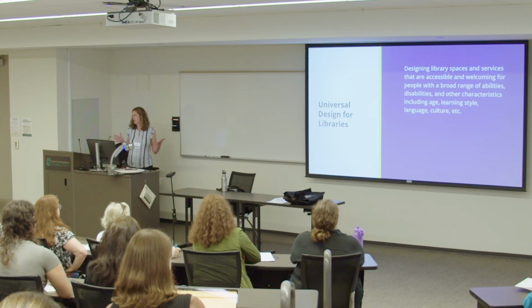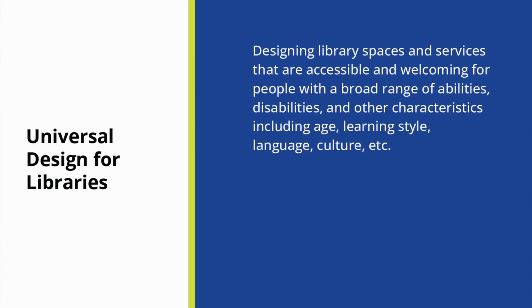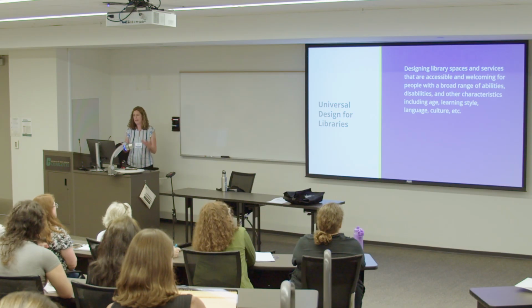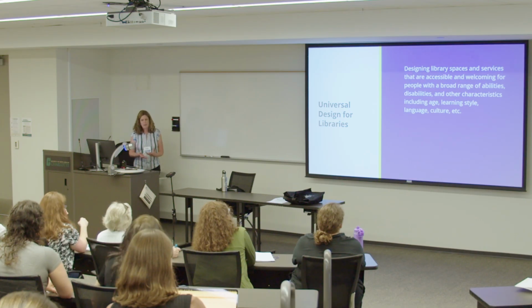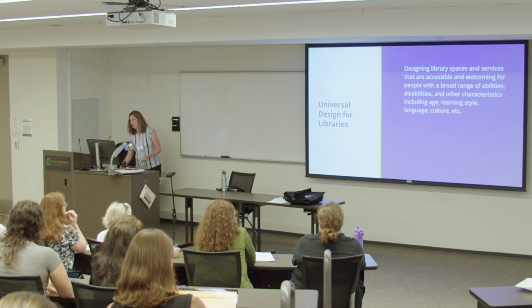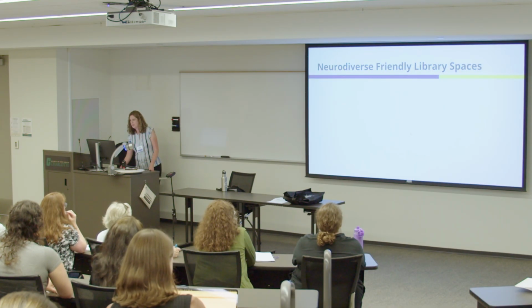It started as an architectural term, but in terms of libraries, it's about designing our spaces and services so they're accessible and welcoming for people with a broad range of abilities, disabilities, and other characteristics, including age, learning style, language, and culture. That sounds like a big order. We're trying to be everything to everybody. But it's a matter of thinking about, as you're designing things, what is going to be usable by the majority of your visitors.